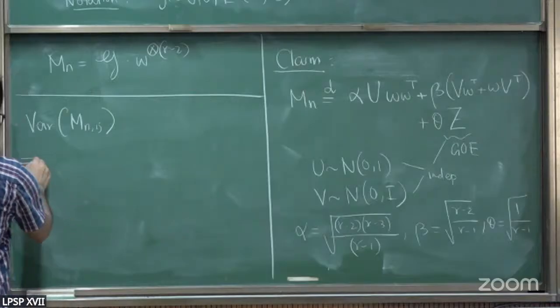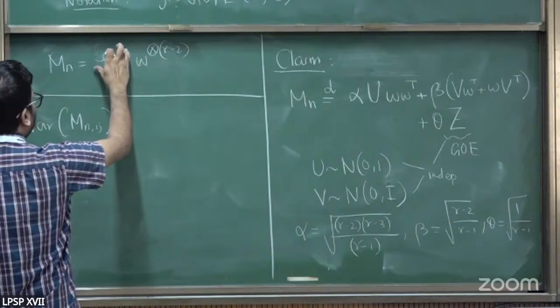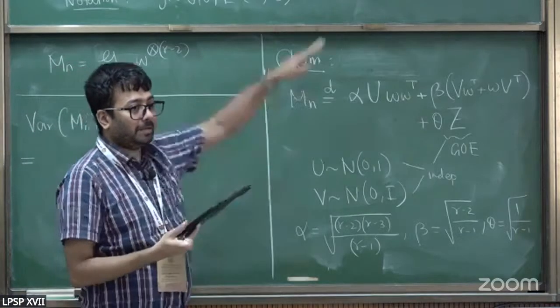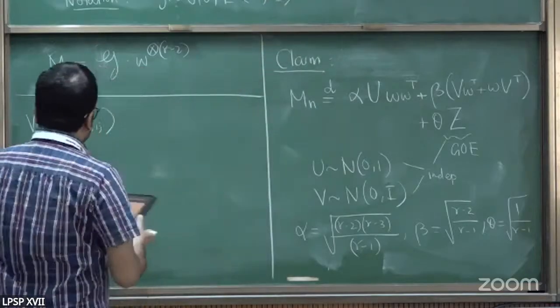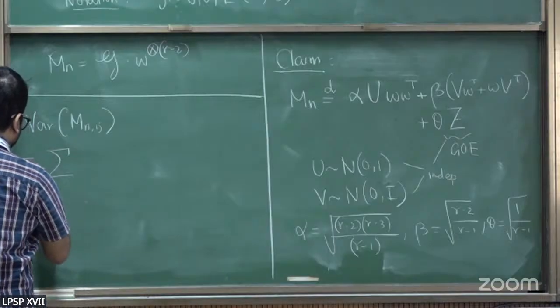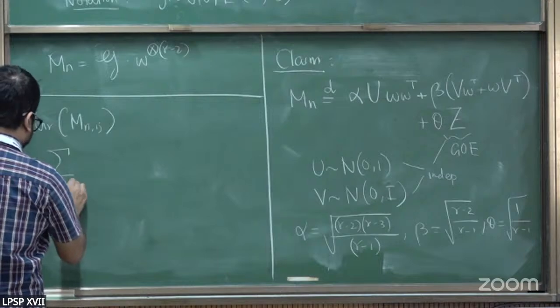By definition, the GOE entries are independent normals, up to symmetry. So the variance turns out to be this sum.